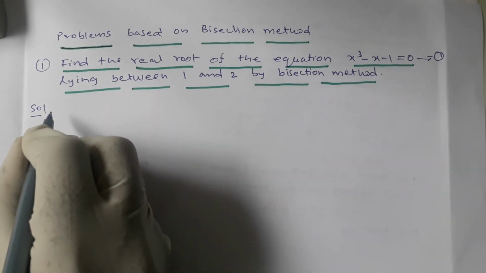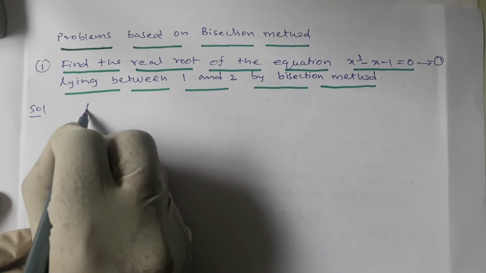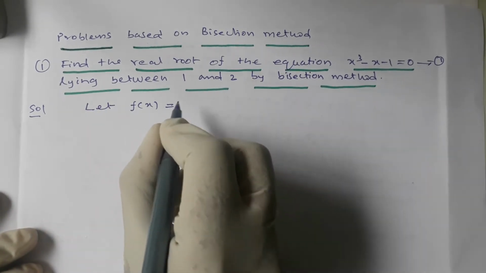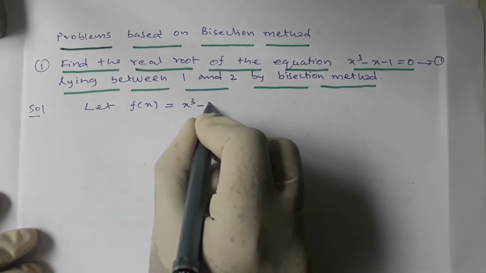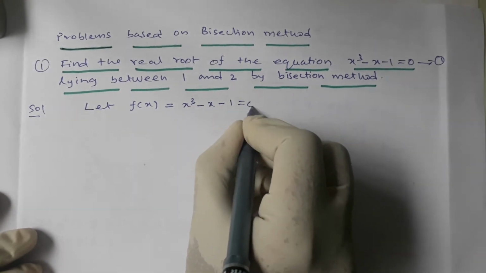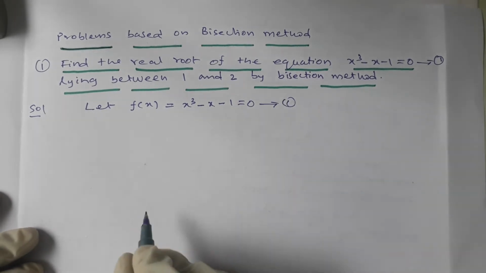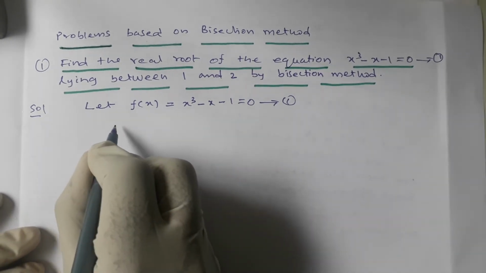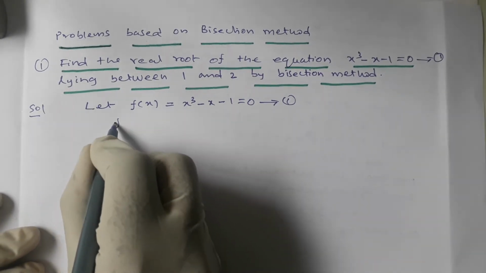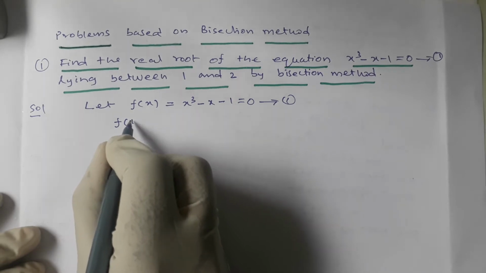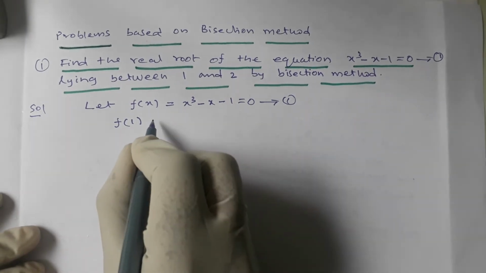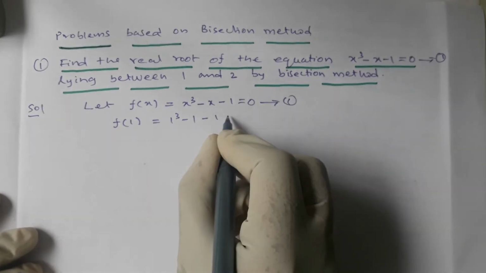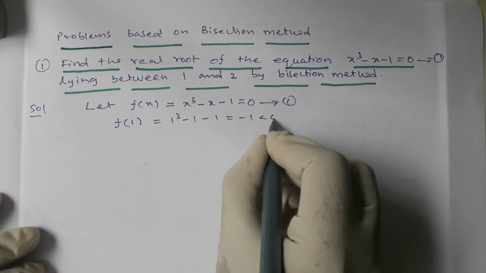Anyhow, the solution is: let f of x be the given equation, f of x is equal to x cube minus x minus 1. Next, substitute the lower bound and upper bound of the interval in this function. f of 1 is equal to 1 cube minus 1 minus 1, which is minus 1, less than 0.